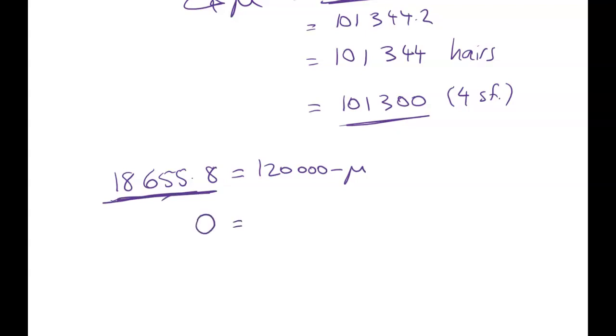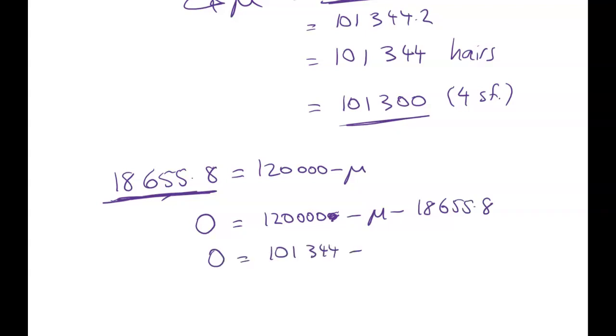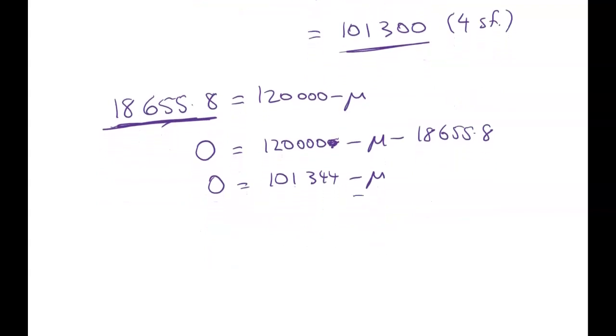That's going to give me 0 is equal to 120,000 minus mu minus 18,655.8. Then I'll get 0 is equal to 101,344 minus mu. And now I'll add mu to both sides. So that's a slightly better way to do it than the thing that I did near the end of class today. We have to answer in context.